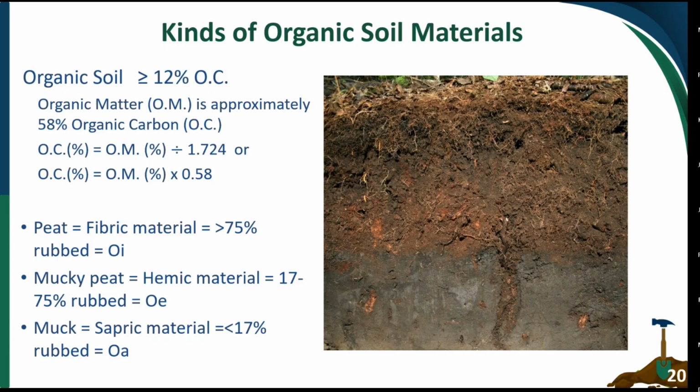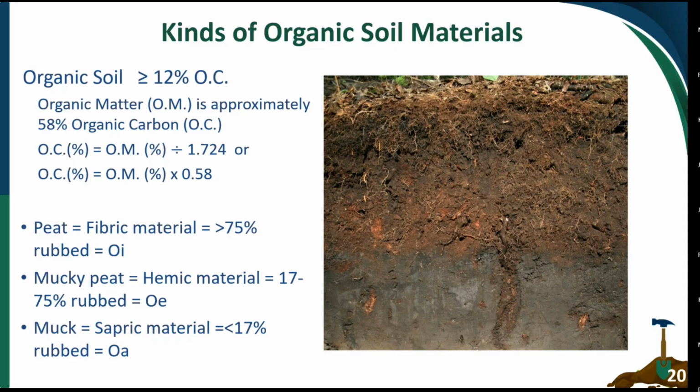The first is peat, also called fibric material, from the word fibrous, and this is organic matter that is slightly decomposed. Think of recognizable dead leaves and litter. Then the next level of decomposition is mucky peat, also called hemic material from the Greek word hemi, meaning half, implying there's an intermediate level of decomposition.